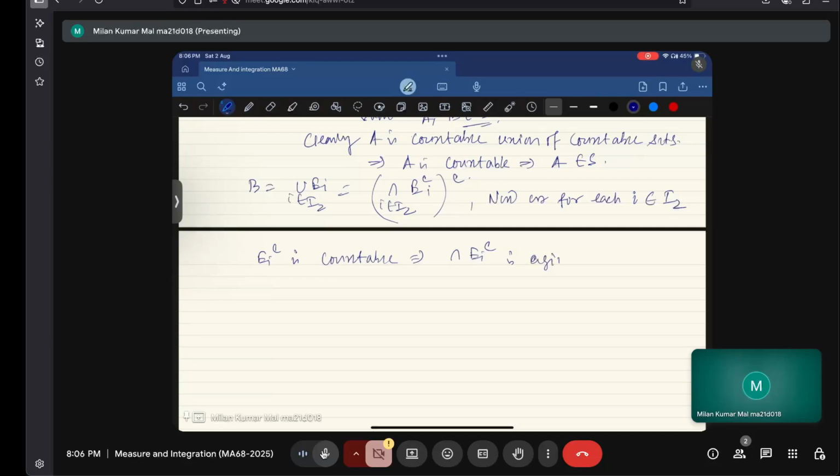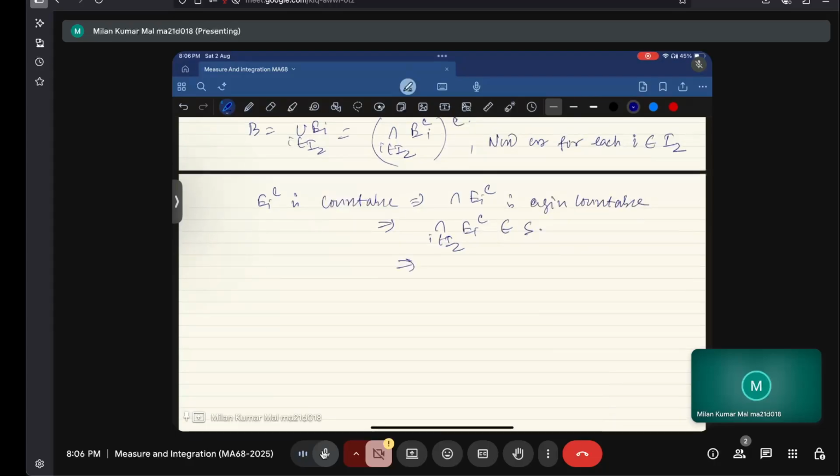That implies the intersection of Ei complementary, i belongs to I2, is inside the set S, that implies its complement is again in the set S.